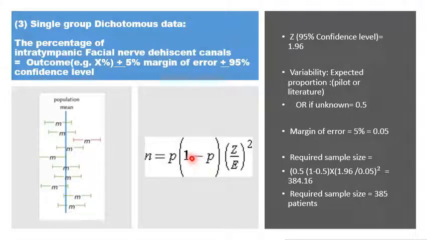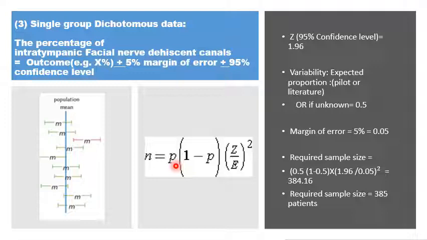And obviously we don't know these figures before doing the study. We are setting the study actually to find out the actual proportions, but we can have a rough estimate or a rough guess about the population, the percentage of those who will have a dehiscence or not, from previous studies, from the literature, or from a pilot study.